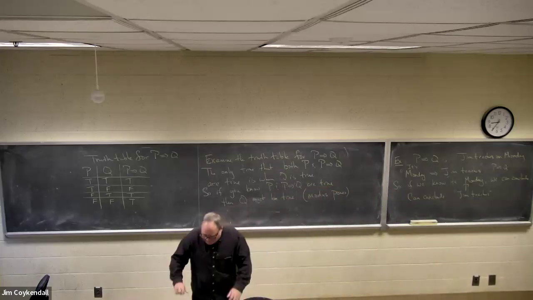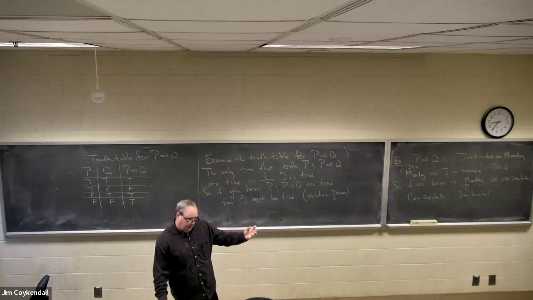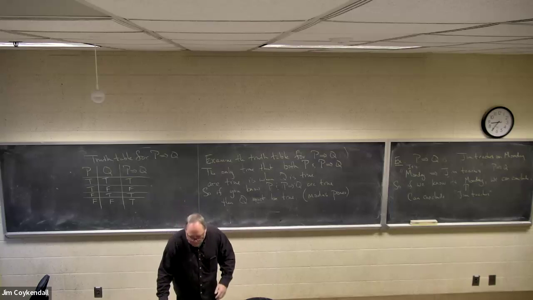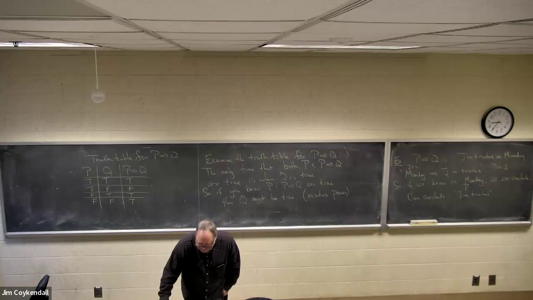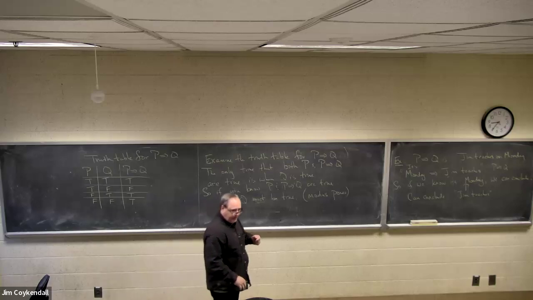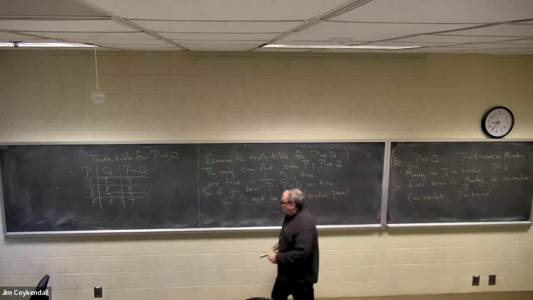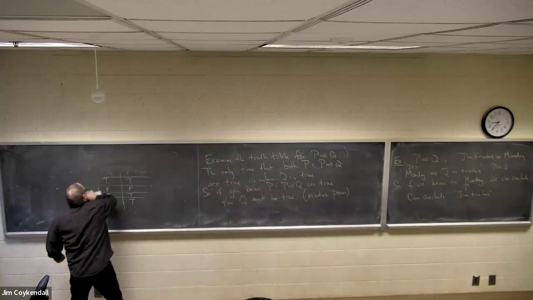And this, modus ponens, is often a way that you can prove things. You know that P implies Q, you know that P is true, and so therefore you can conclude that Q is true. Okay, any questions? So I'm going to get to what you were bringing up a moment ago, with all this business about converse and so forth.